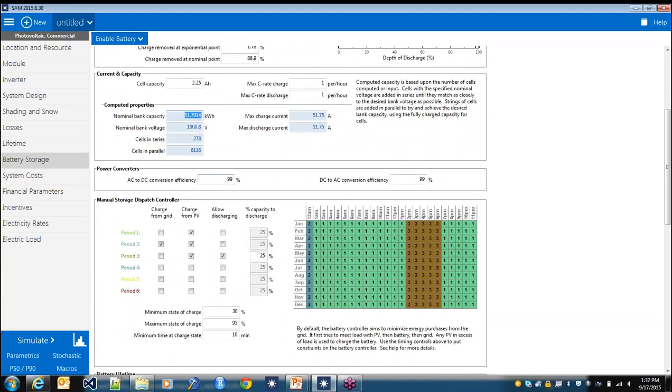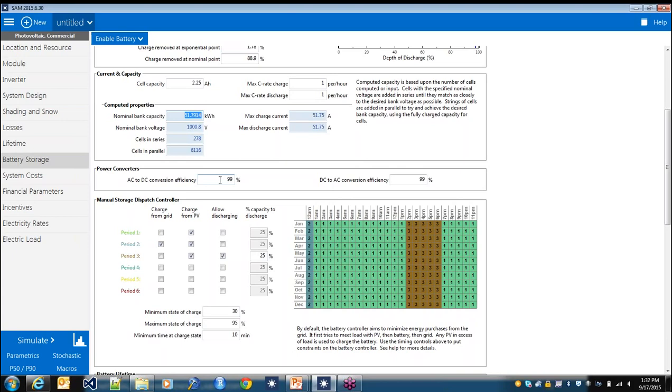We have single point efficiencies in SAM, so we assume that the battery is connected on the AC bus such that you need to reinvert the power to charge the battery, and then when you discharge the battery, you need to invert the power to put it back on the AC bus.